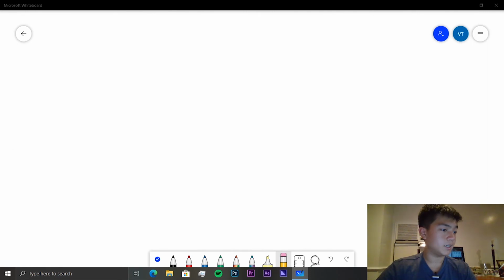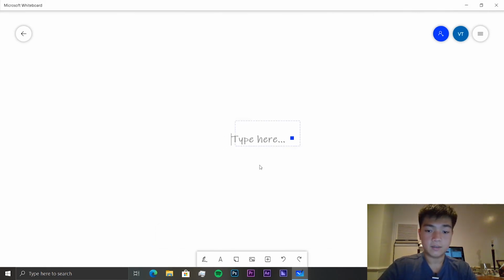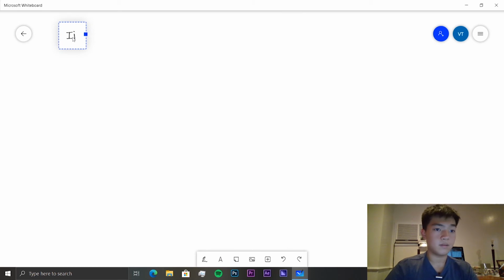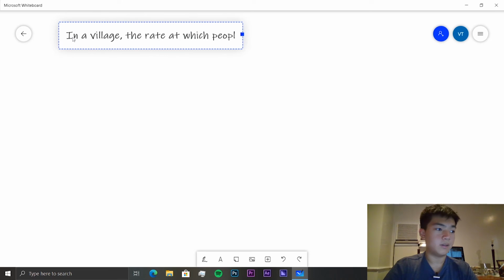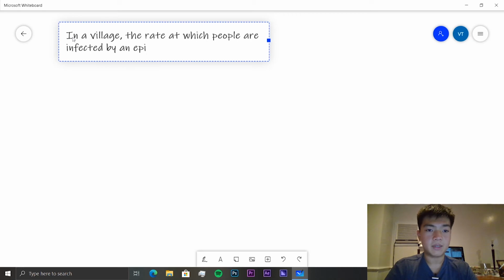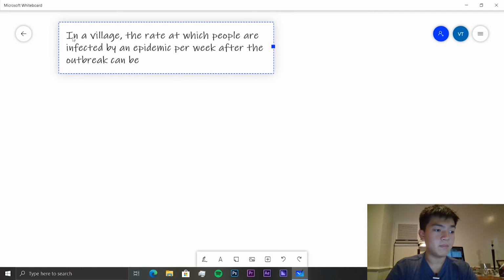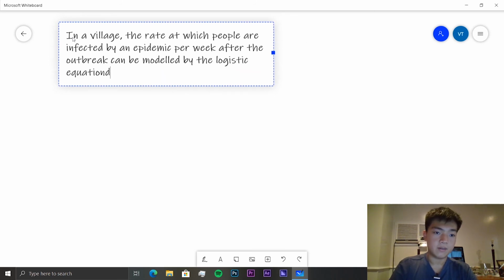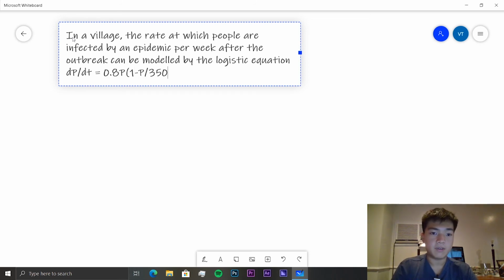So the next question is, in a village, the rate at which people are infected by an epidemic per week after the outbreak can be modeled by the logistic equation dp over dt is equal to 0.8p times 1 minus p over 350.